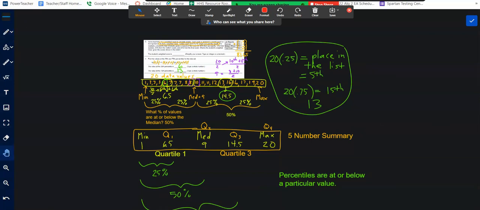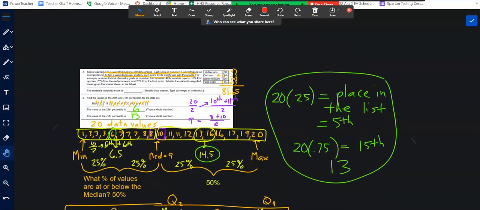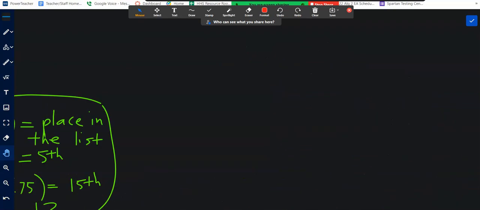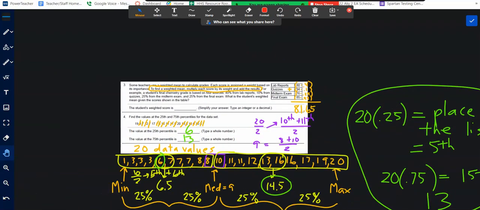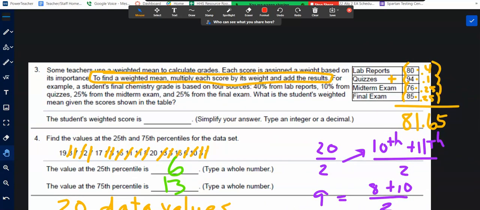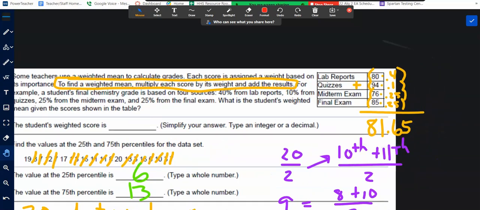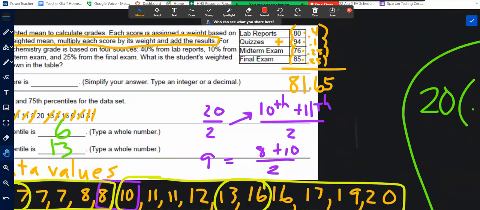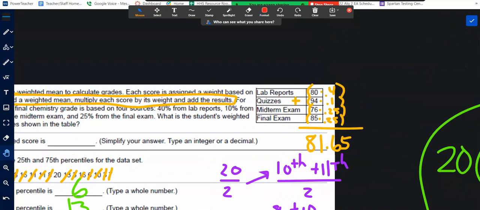Okay. Now, on question 3. It's called a weighted average, all right? It tells you right in the problem to find a weighted mean, multiply each score by its weight, and add the results. So we went to the lab reports, 40%.